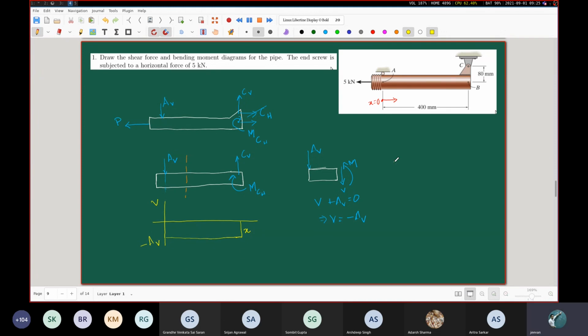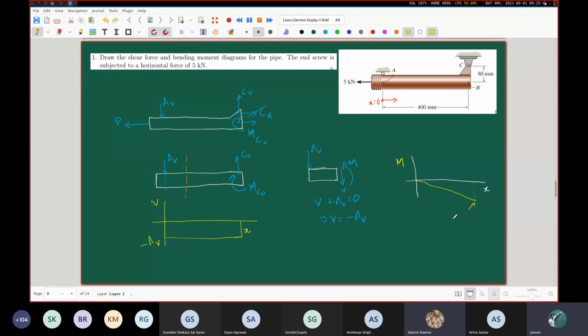What is the bending moment diagram? Minus X. Minus slope, negative slope, passing through origin. Passing through the origin, very good. So this is M. What is the value at this right end? 5 into 80 into 10 to the power minus 3.